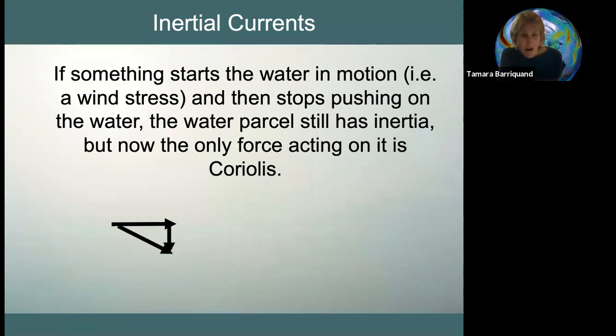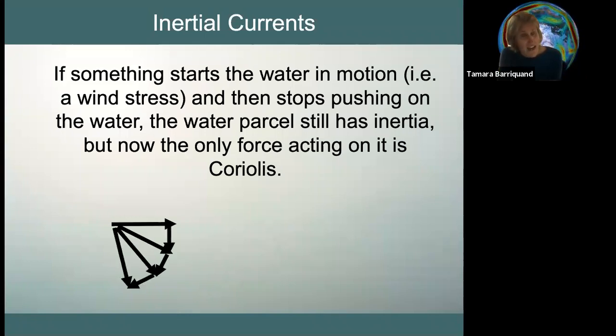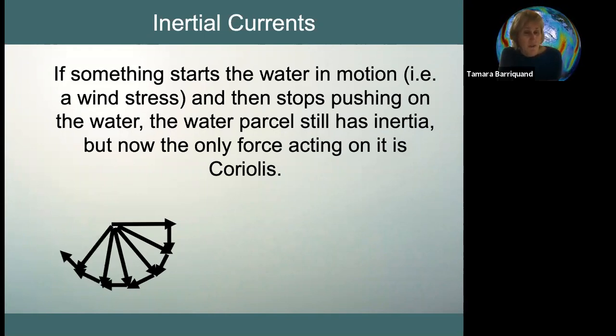And so now our velocity will turn a little bit, to its right or down towards the south in this example. And now it still has a velocity, so it will have Coriolis acting on it, proportional to the velocity at 90 degrees. And so it will act again to its right, and we'll make our velocity vector move again, and so on and so forth as it continues being acted on only by Coriolis.